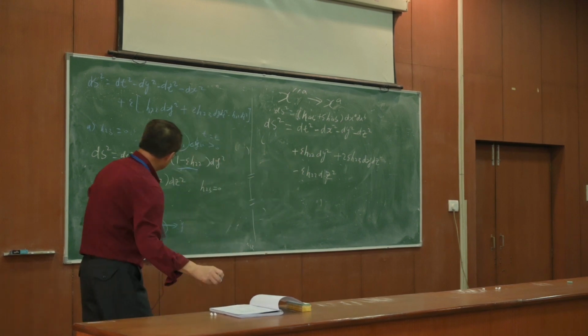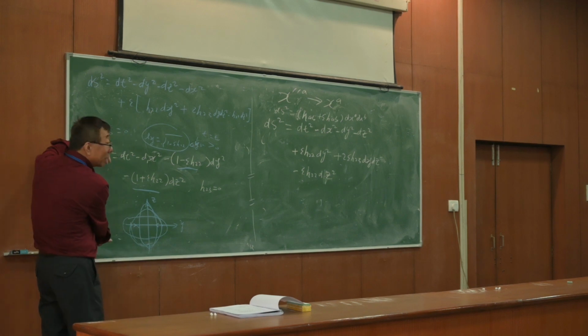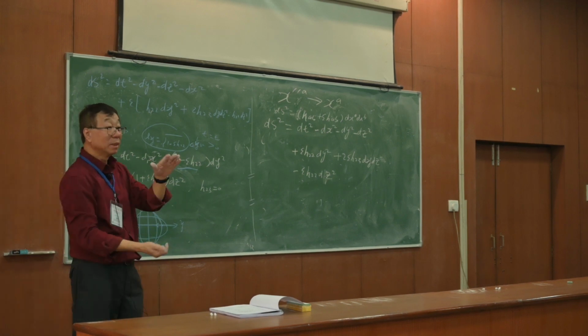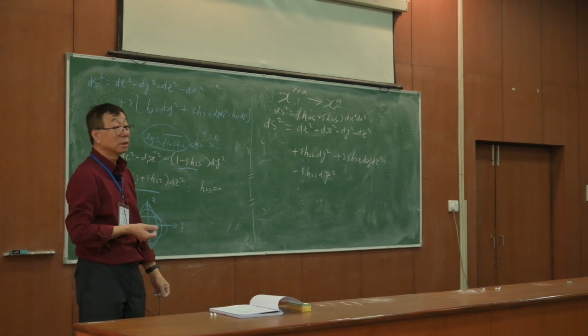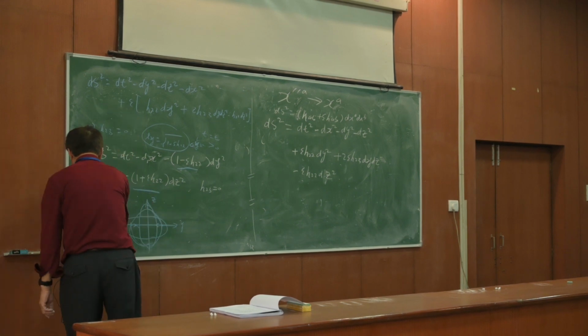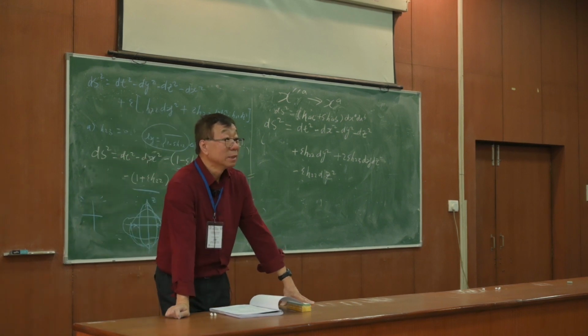So either this axis becomes longer or this becomes rounder. But this is always an ellipse, the long distance either along the x direction or y direction. That's exactly what we call the plus polarization.